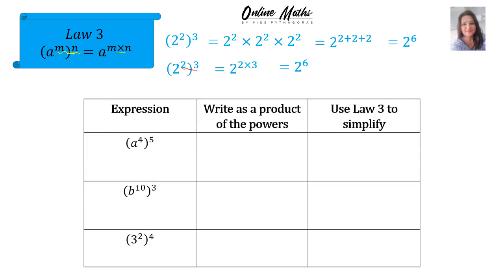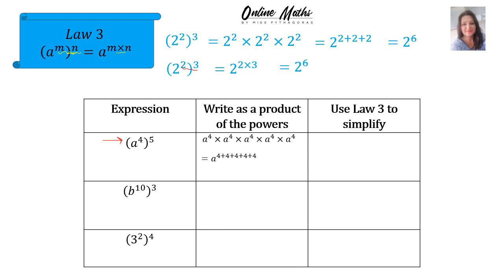Now let's look at this. When I give you the expression a to the 4 raised to the power of 5, in the second column, let's write it as a product of the powers. That means it's a to the 4 times a to the 4 times a to the 4 times a to the 4 times a to the 4. And when you multiply and the bases are the same, you add exponents.